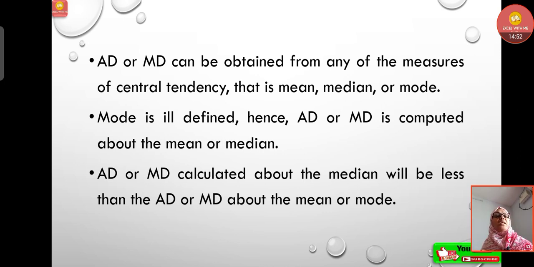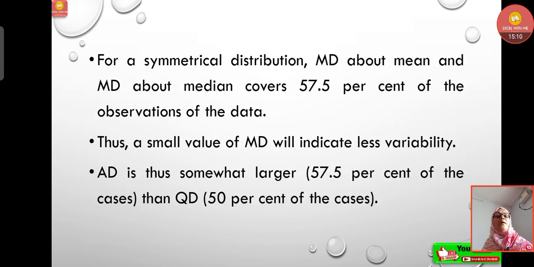AD or MD can be obtained from any of the measures of central tendency, that is mean, median, mode. Mode is ill-defined, hence AD or MD is computed about the mean or median. AD or MD calculated about the median will be less than the AD or MD about the mean or mode.